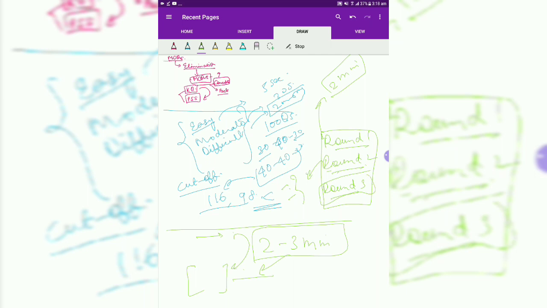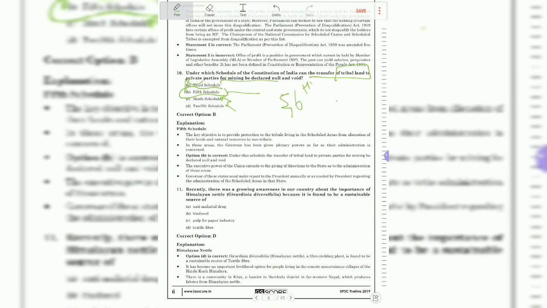After that, in round 3, a few more questions are there where you are confused, not sure about the facts, and have 3 options left, having eliminated only 1 option, right? So what needs to be done in that case? We'll move to the question paper.